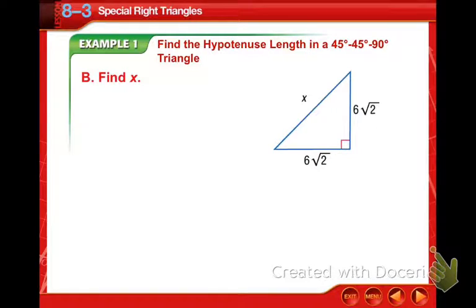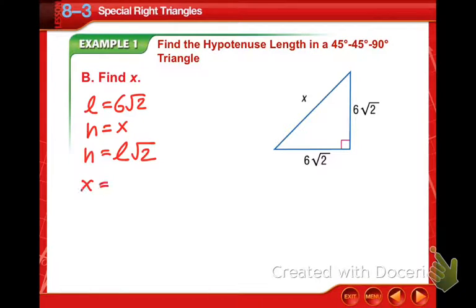Okay, question B does the same thing. We want to find our hypotenuse, but now you notice our legs have square root 2's in them. So that does make it actually a bit more difficult, and I'll show you why. Our L is 6 square root 2. H is still X, and we know that H is equal to L square root 2. So when we plug in what we do know, H is equal to X, L is equal to 6 square root 2, and that's got to be multiplied by square root 2.